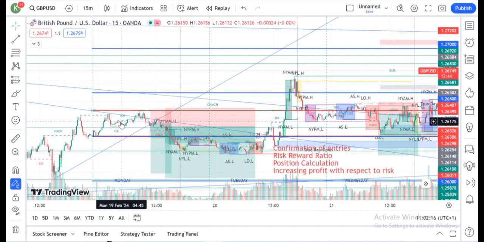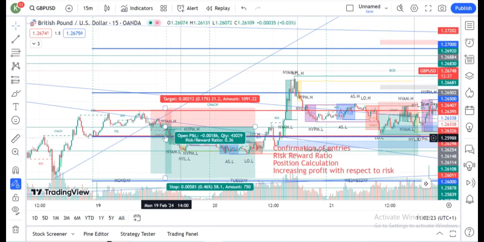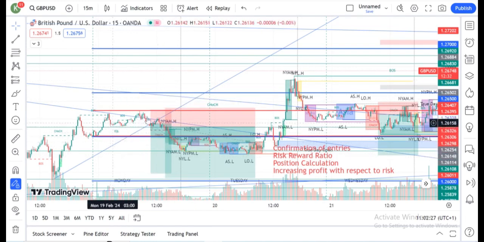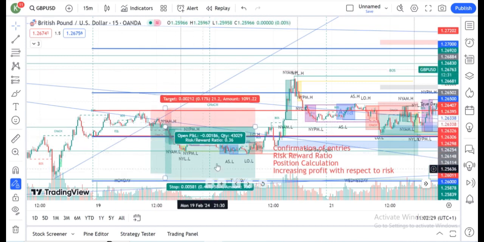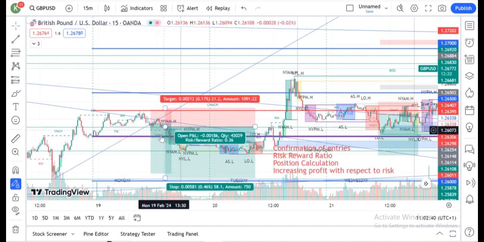After a break of structure, if you find a change of character, it's a good sign that the range is about to break off. Now that was where we confirmed this particular entry. Okay, first there was one here and we closed it around here, and then there was another one, so there were two entries. Now this second entry was confirmed.